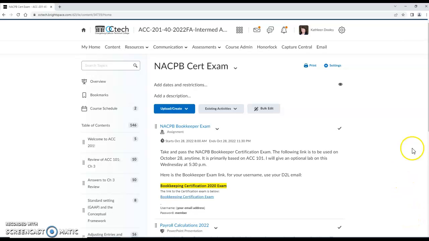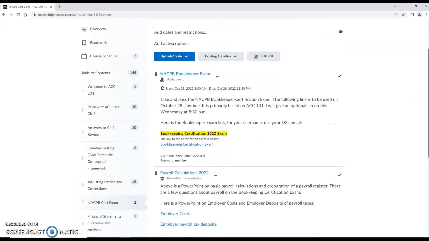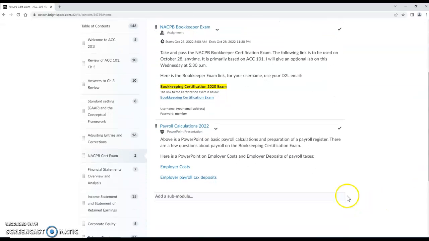I've also put in D2L some questions about basic payroll. In the past, we did have some basic payroll in Accounting 101, and over the last handful of years, we ended up removing that.